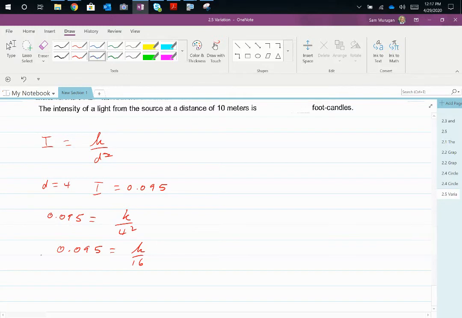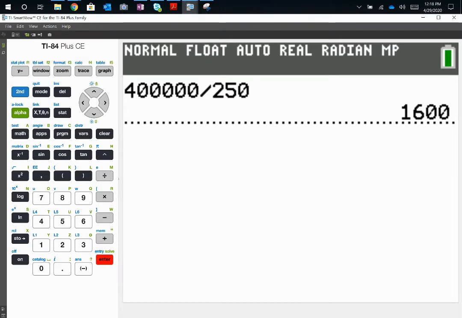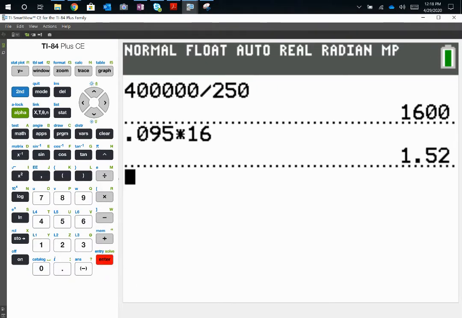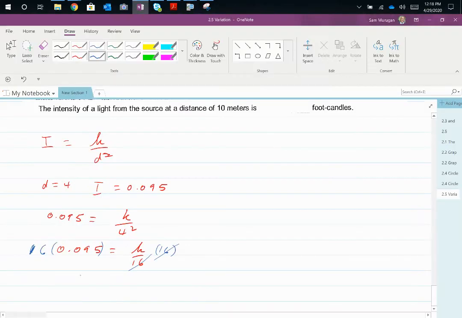Multiply both sides by 16, and we get a value for K. So 0.095 times 16 is 1.52. So my general formula is I is equal to 1.52 over d squared.